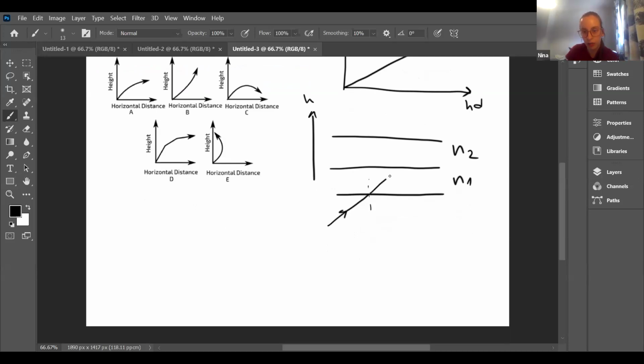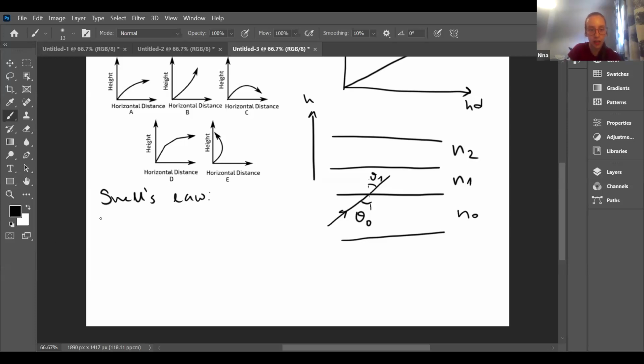So I'm just going to draw a general ray. This is theta 0. This is theta 1. We want the relation between those two. Again, you'll always need Snell's law.